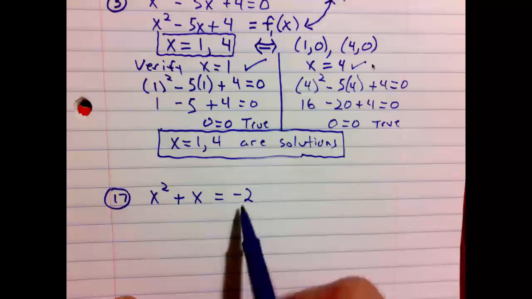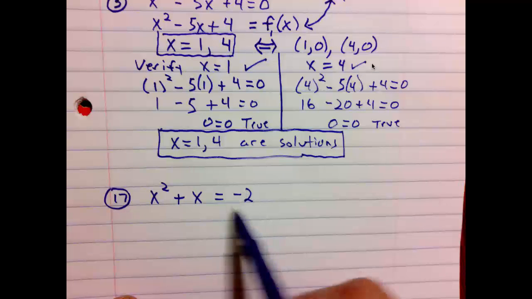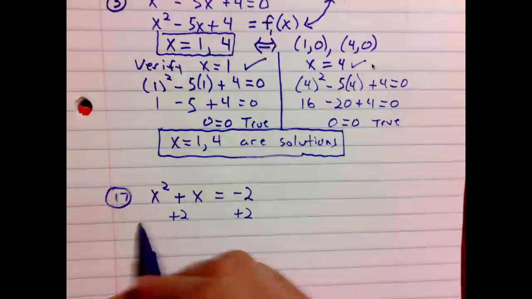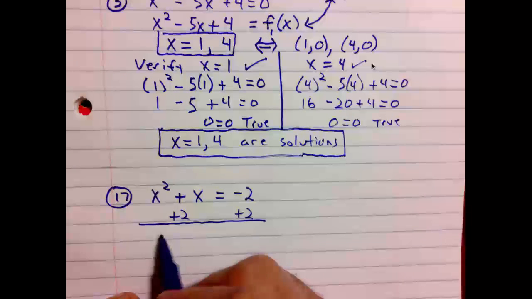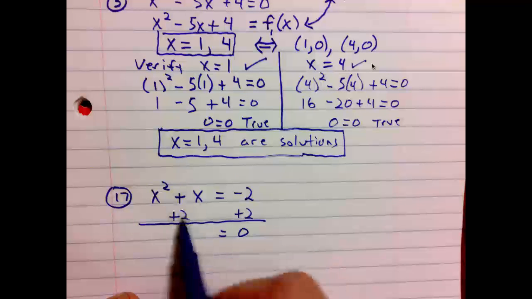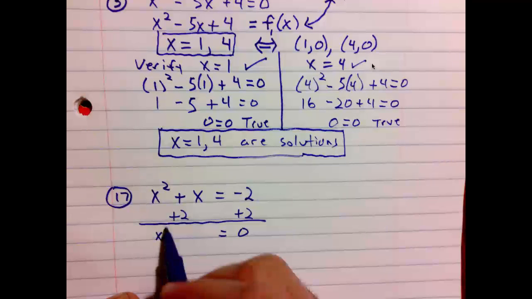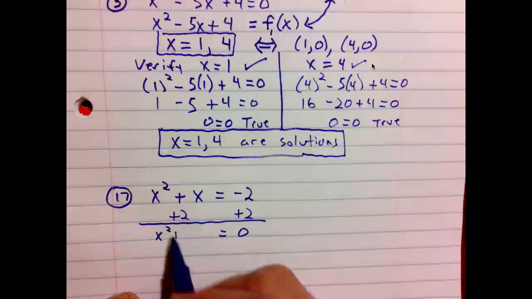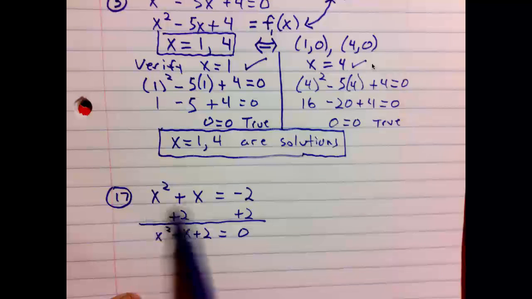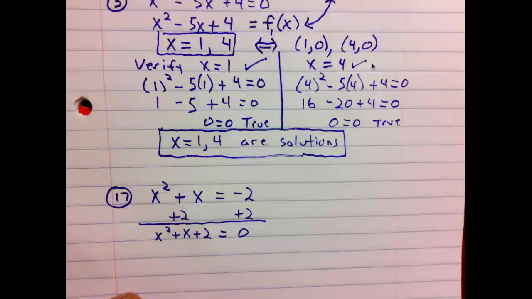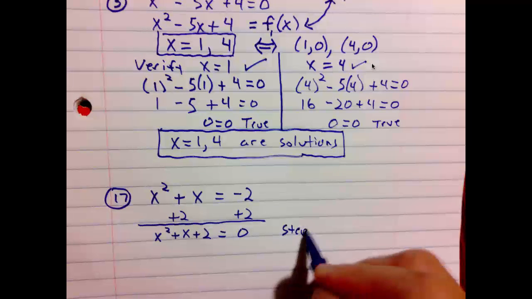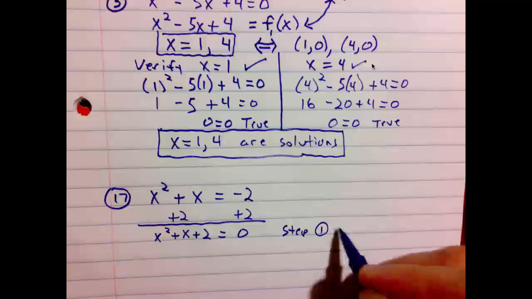So in this case, we have a minus 2 on the right-hand side. We will add 2 to both sides. So this yields on the right-hand side 0. On the left-hand side, these are unlike terms, so I cannot combine any. I have x squared plus x plus 2. None of these can be combined because they're unlike terms. All right, that was my step 1. Set equation equal to 0.